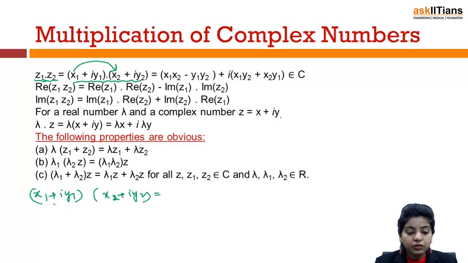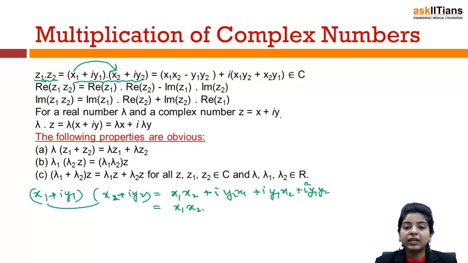So what I do is, first of all I will multiply these two, so I have x1 x2 plus iota times I get y2 x1 or x1 y2 plus again iota times I will get y1 x2 plus iota square y1 y2. So what does that mean? Now we will collect the real and imaginary parts. See, iota square is minus 1.